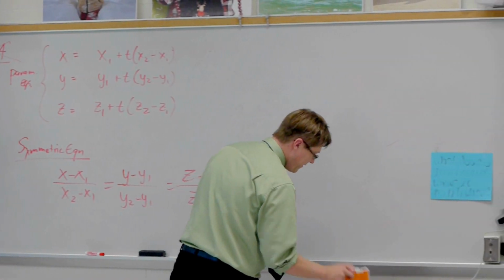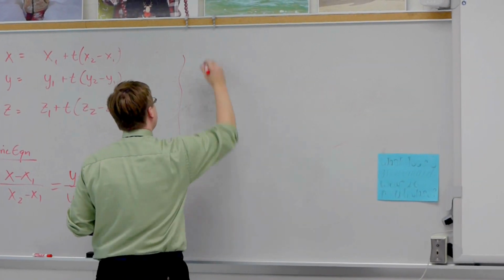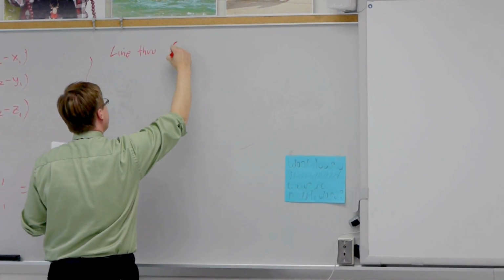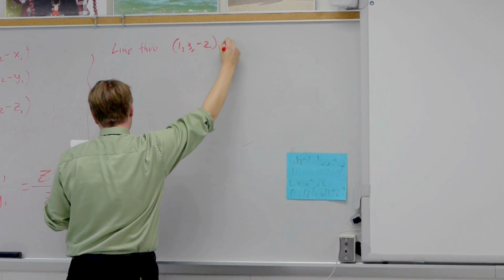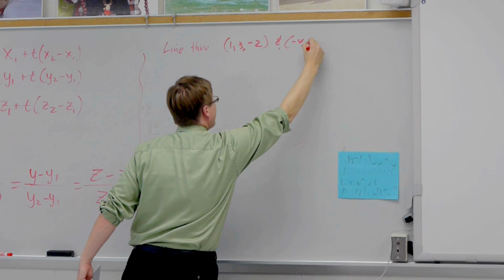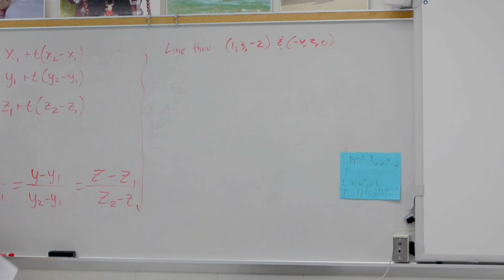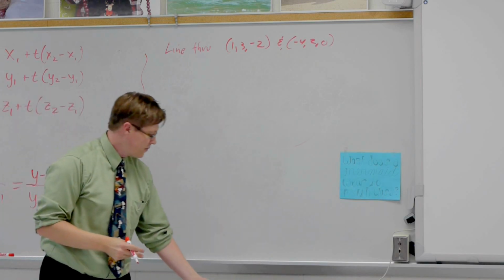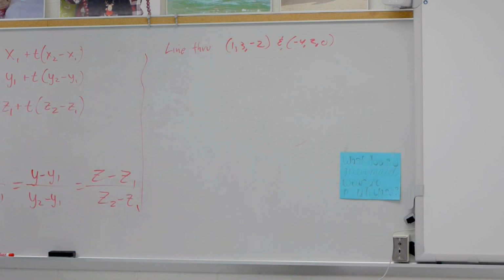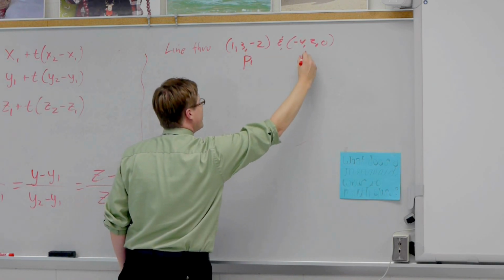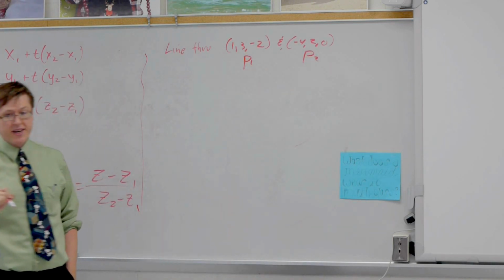So let's do an example of all this. Let's find, in just 3 space, the line through (1, 3, -2) and (-4, 2, 0). Using my notation over there, I'll call this first point P1, and second point P2.